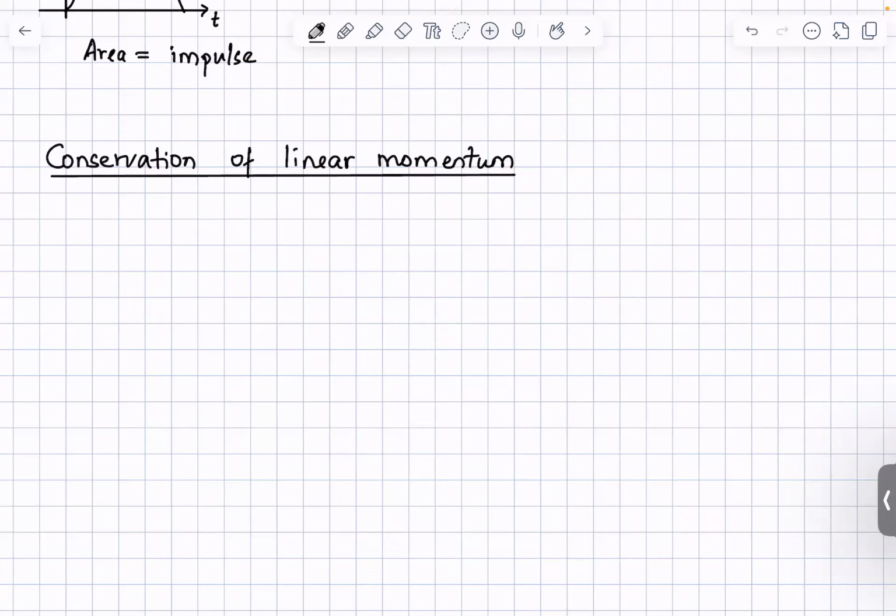The actual rule says that if the external force on a system is zero, then the change in momentum of that system is zero. Meaning the overall momentum of the system does not change if the external force acting on it is zero.